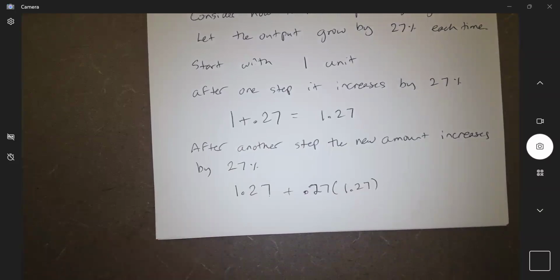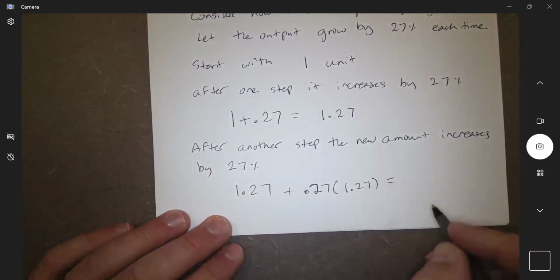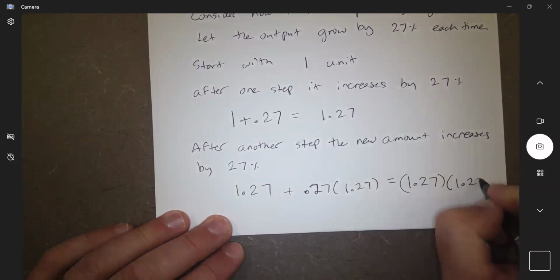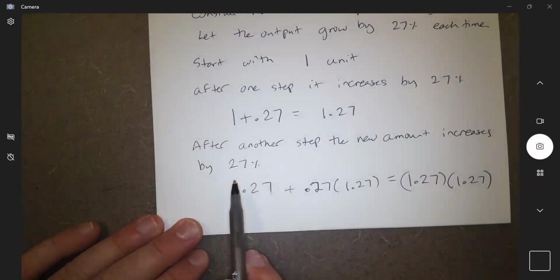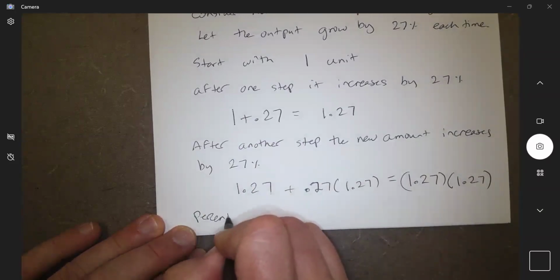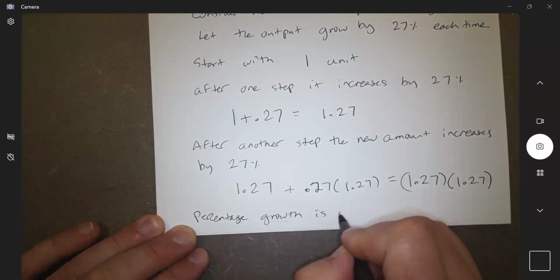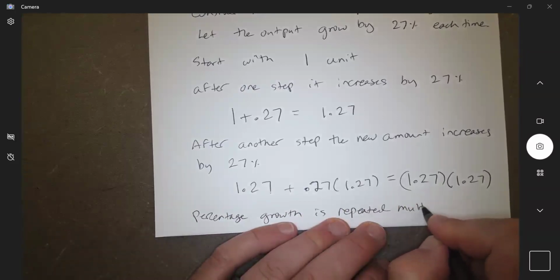So it's not that I'm adding 0.27 each time, right? I'm increasing it by 27% each time. And with a little mathematical recombination, that's 1.27 times 1.27. So percentage growth is repeated multiplication.